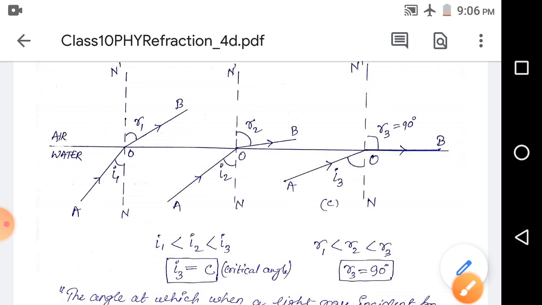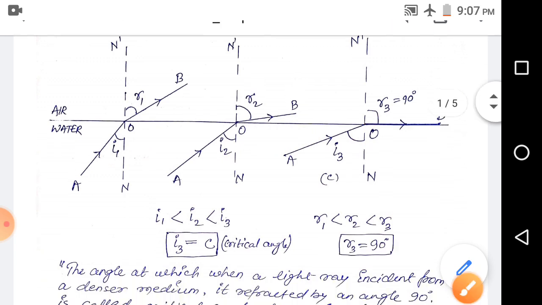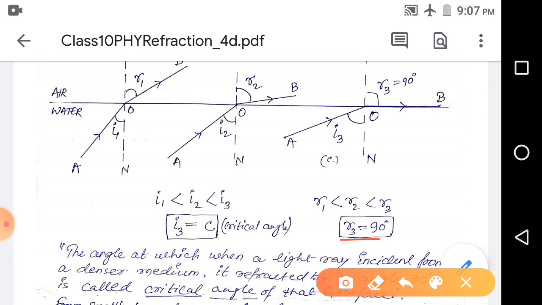So this R3, which is equal to 90 degrees, is greater than the previous two angles of refraction, that is R2 and R1. This angle I3, for which the light ray is incident on the surface and we have the refracting angle 90 degrees, is called C, that is the critical angle for this given interface.